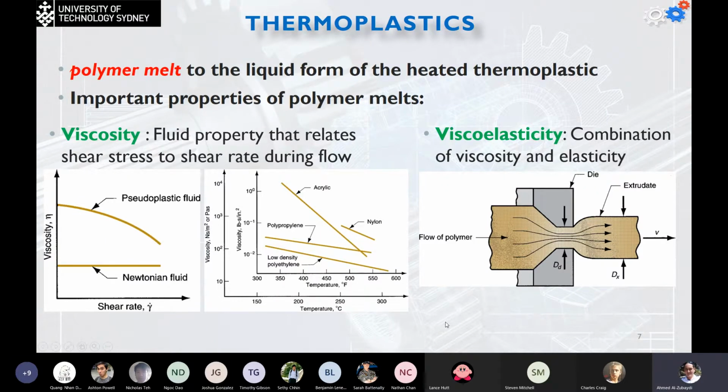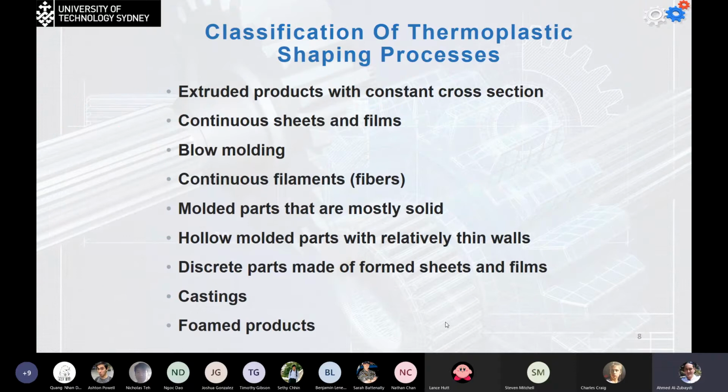Usually, the classification of the thermoplastic shaping processes can be listed as the extruded products with the constant cross section. And this is a very popular way to manufacture plastic. Most of the pellets we're using in another manufacturing process of the plastic are made first from the extrusion process. And once again, we talked about the extrusion process in the metal.